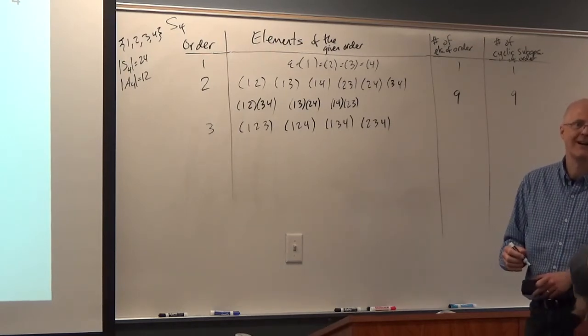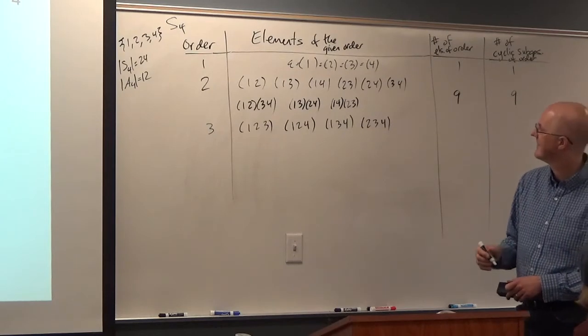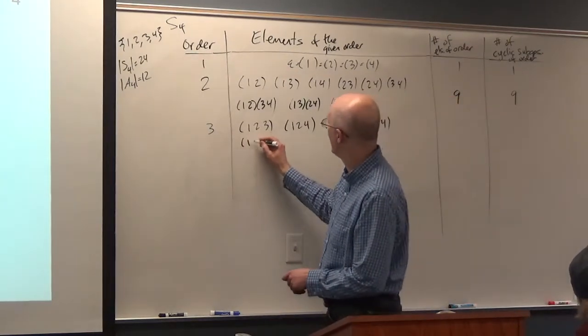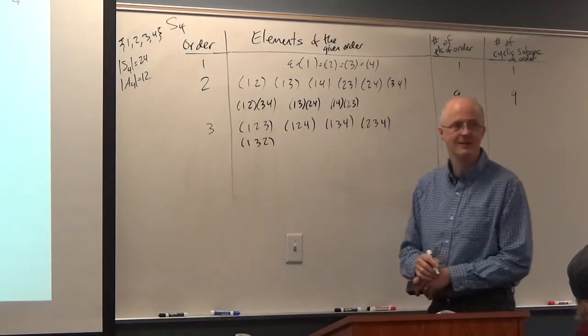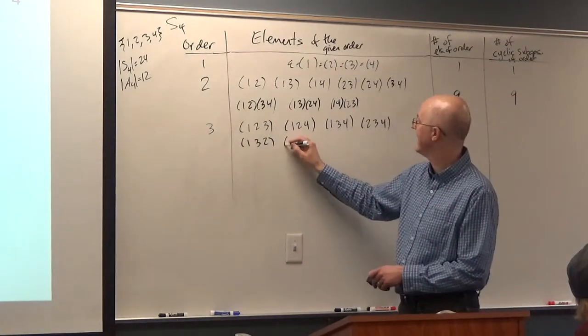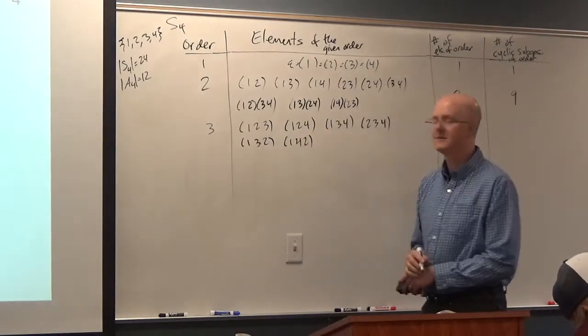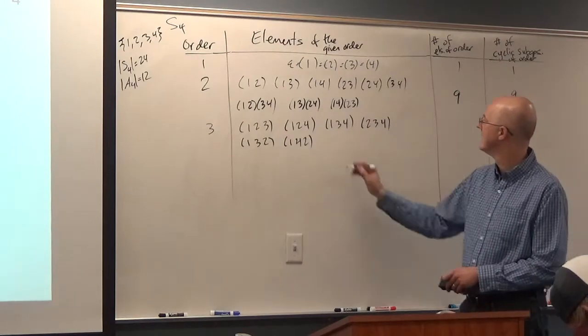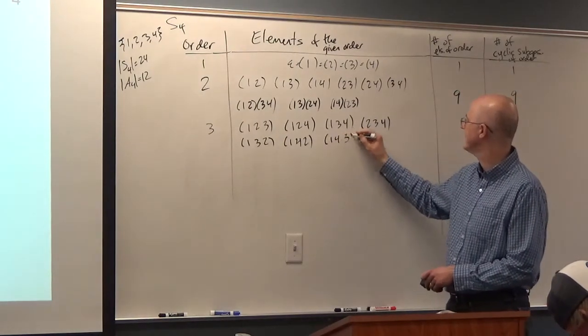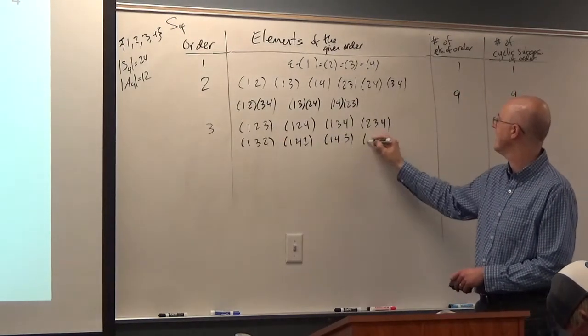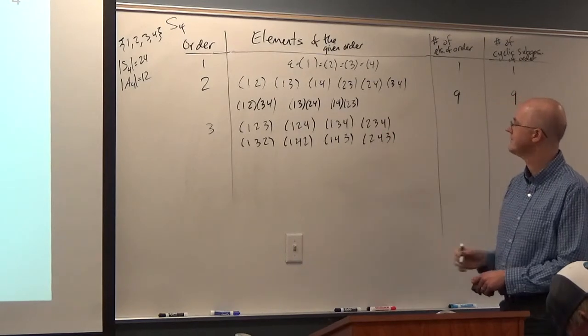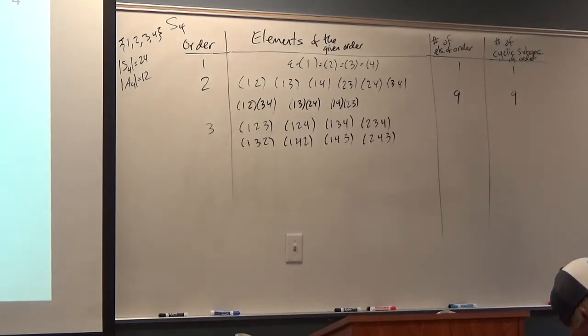I am. How about (1 3 2)? And (1 4 2), and (1 4 3), and (2 4 3). How about now? You think I'm done? I claim I am done.